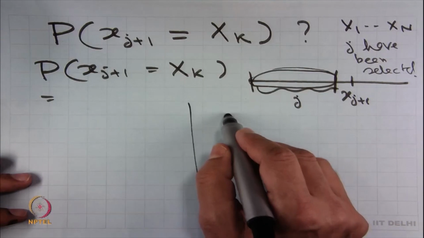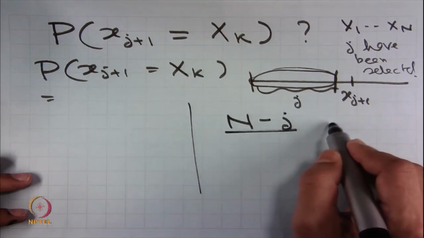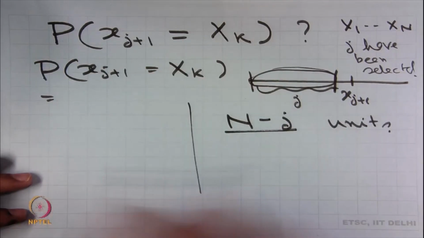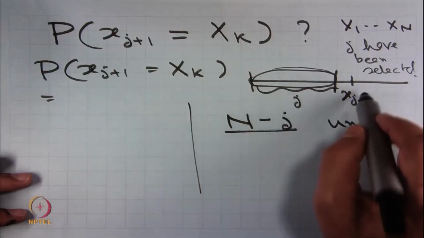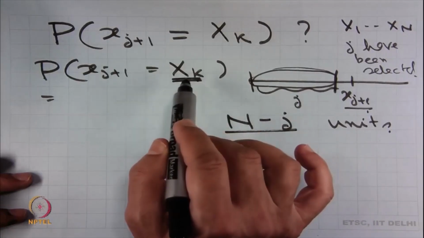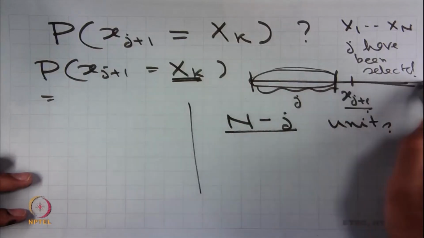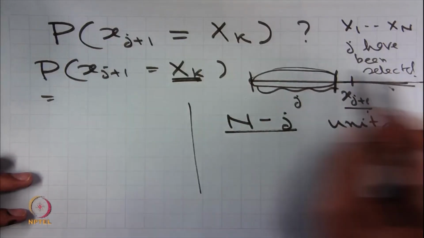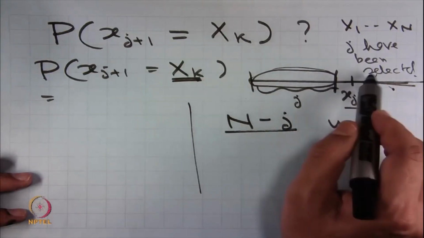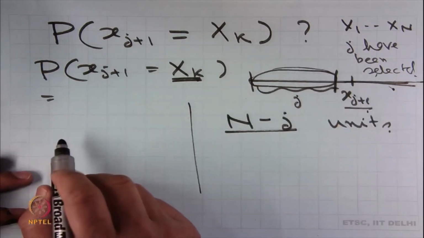We are left with n minus j units, right. So, in the j plus 1th instance, I am choosing a particular element x k. First of all, x k has to be here, it has not been chosen yet in the already selected j many samples, and now I am going to choose x k as the j plus 1th unit in the sample.